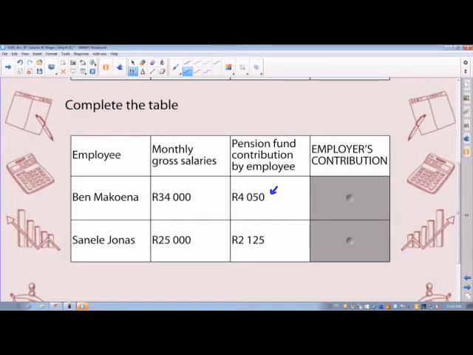And then Sanele Jonas contributes, so again these are the employee contributions, so this is a deduction, 2125. Take that amount down so that you can quickly calculate the contribution by the employer. Again, for every 1 Rand, the employer gives 2 Rand. Hopefully you get both right. See you after the break with your correct answers.